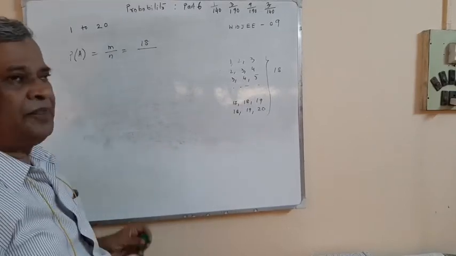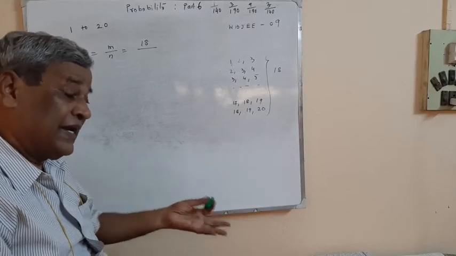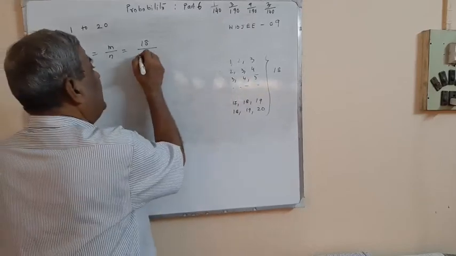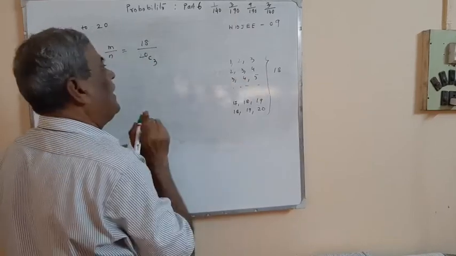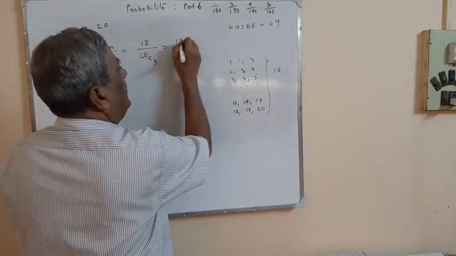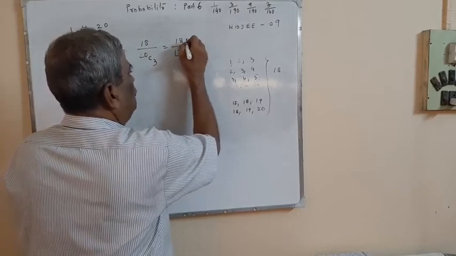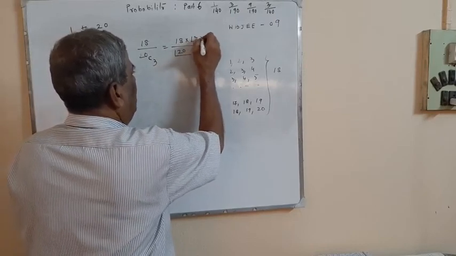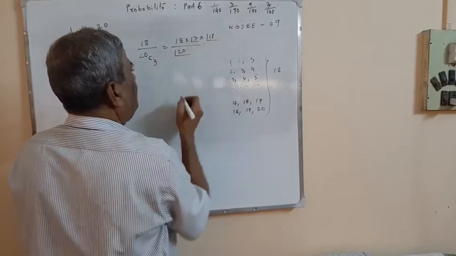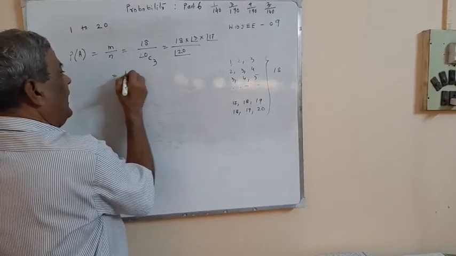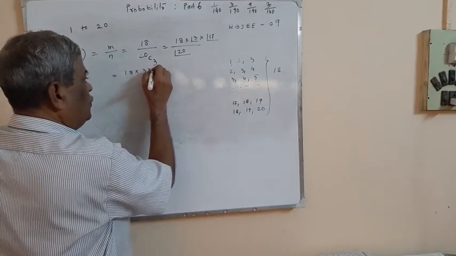There are 20 integers and we have to select 3 at a time at random, which can be done in 20C3 ways. So it is 18 by factorial 20 over factorial 3 into factorial 17, which is 18 into 3 into 2 into 1.